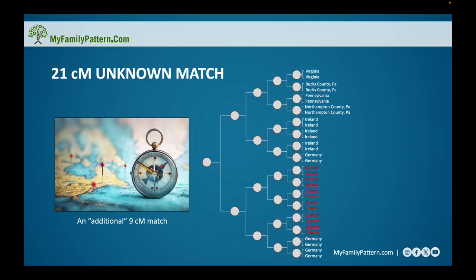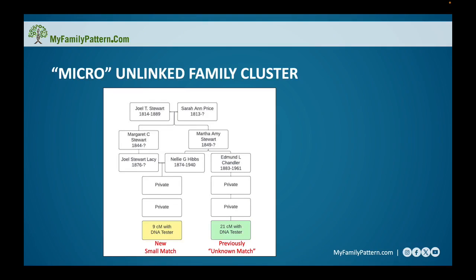And in fact, this 9 centimorgan match did actually do that. It had a common ancestor that only had a common ancestor with this 20 centimorgan match that shared that same Bucks County, Pennsylvania ancestor. So what did I find?